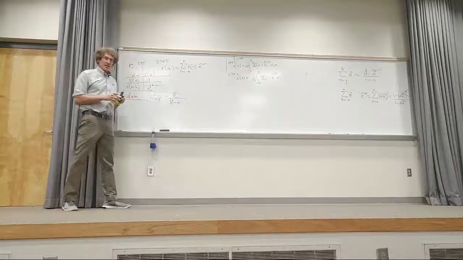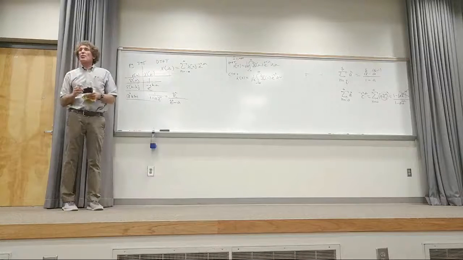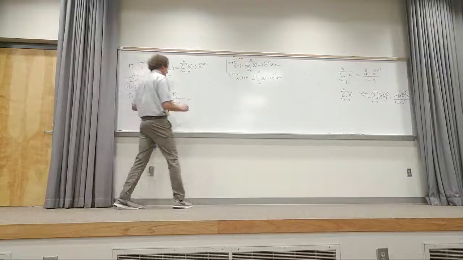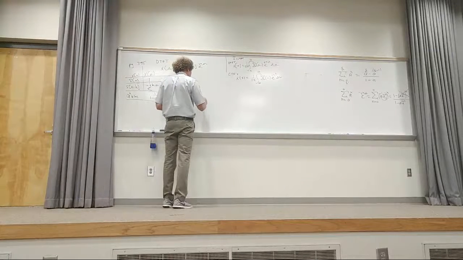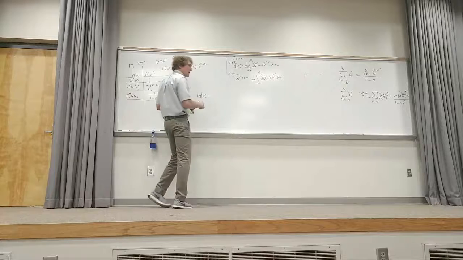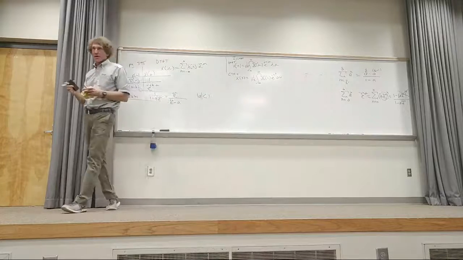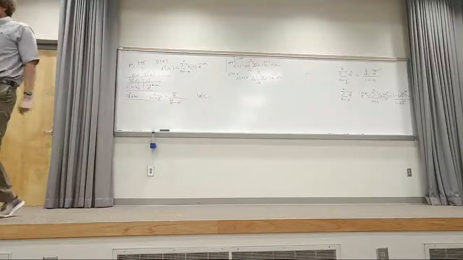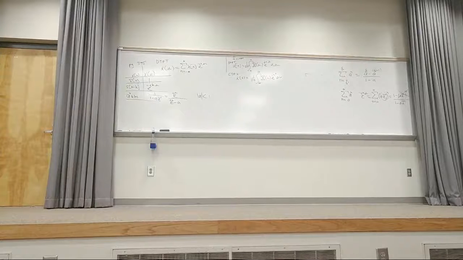One of those two things. And there should be a qualifier that says the magnitude of a has to be less than 1. Do you see that in your book? Look and see if you see that transform pair. You see how they have a has to be less than 1? That's on page 298.